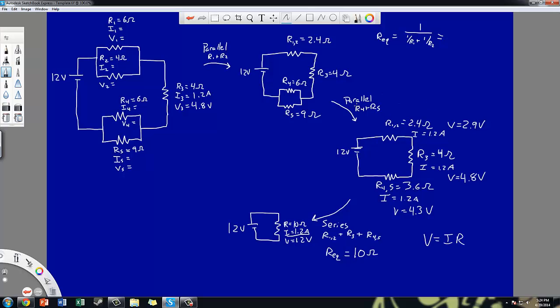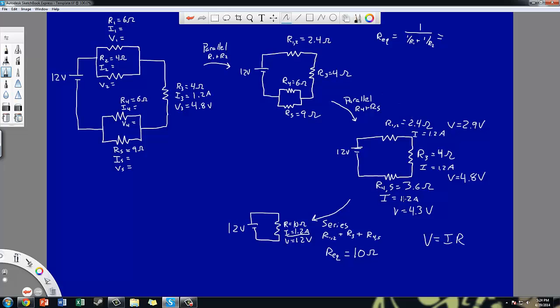Continuing back, the last thing I did was I combined R4 and R5 in parallel. Any resistors in parallel will have the same voltage, and so I carry back the voltage with me. So I have current 5, I have voltage 5, and same thing up here, my voltage for number 4.